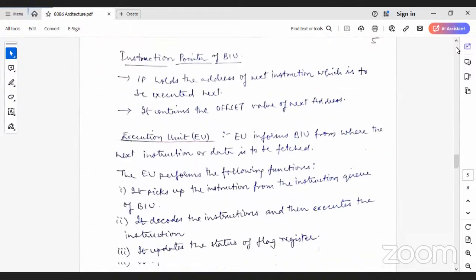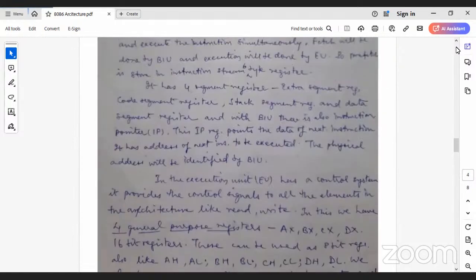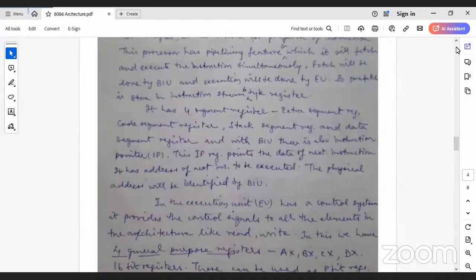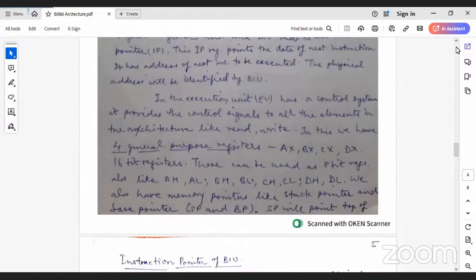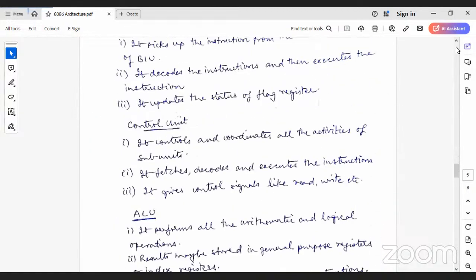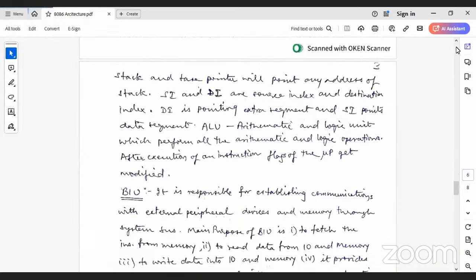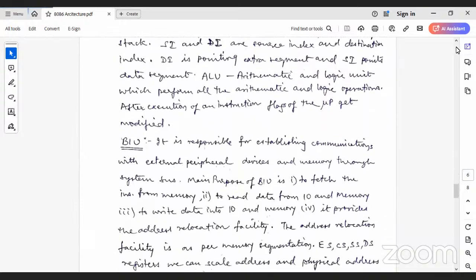Now we will see what is the function of your BIU and EU. So the fetching part of the instructions, like interfacing with the IO devices, will be done by your BIU, that is bus interface unit.